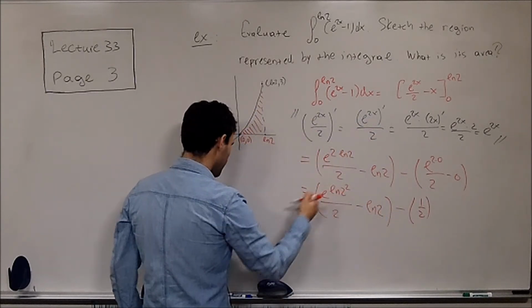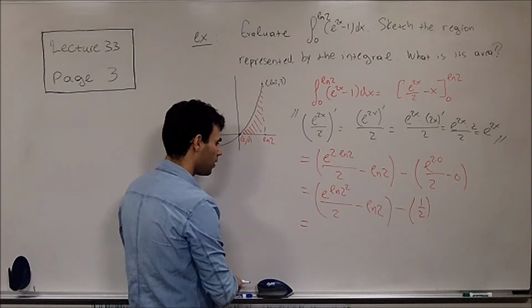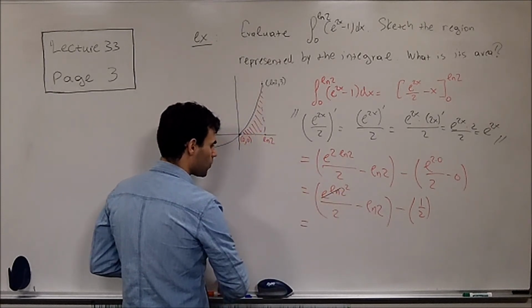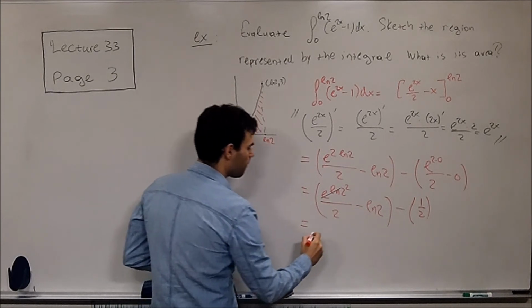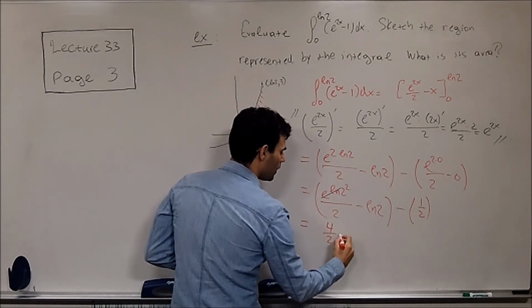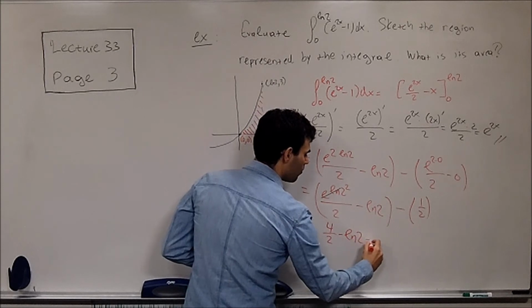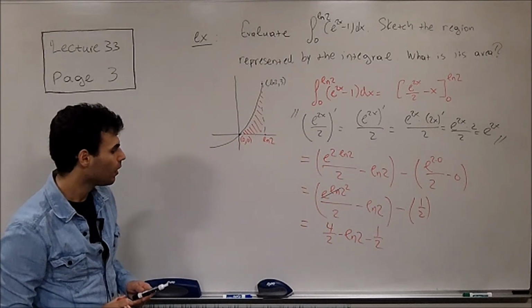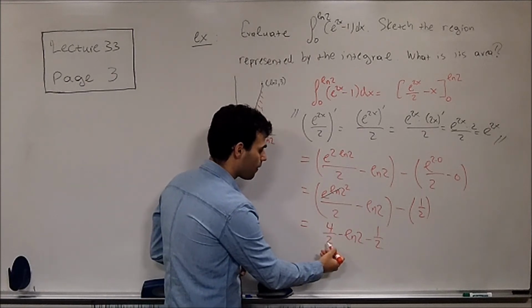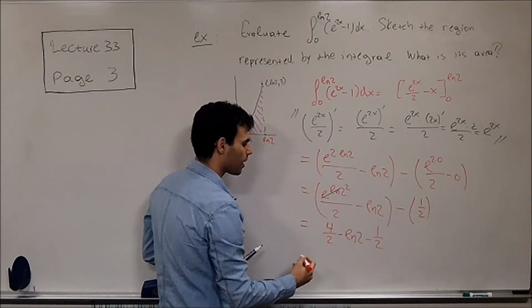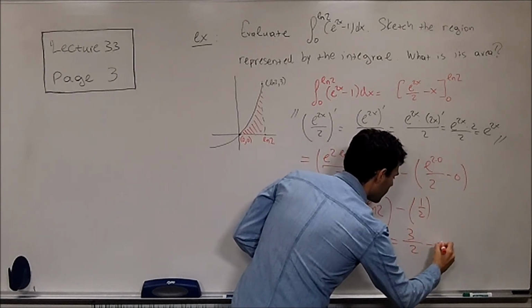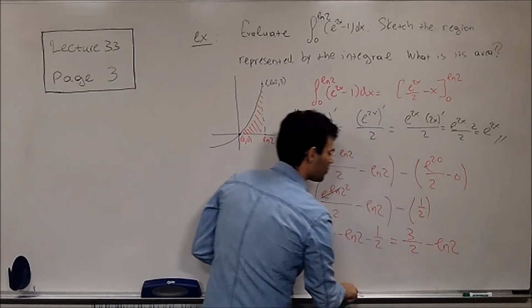All right, now e to the ln 2 squared, the e and the ln cancel out, and what you get is 2 squared, which is 4 over 2 minus ln of 2 minus 1/2, and I can just get rid of the parentheses, right? So 4/2, that's a 2, but there's a minus 1/2. So what you get is really 3/2 minus ln of 2.